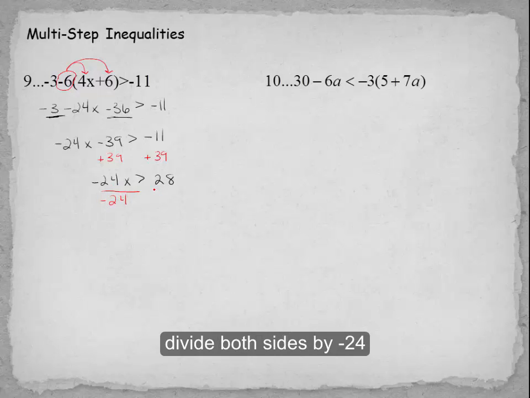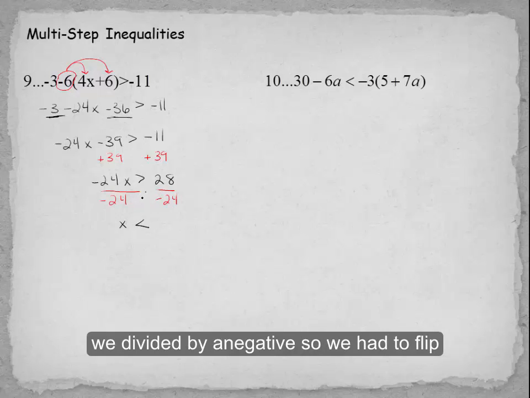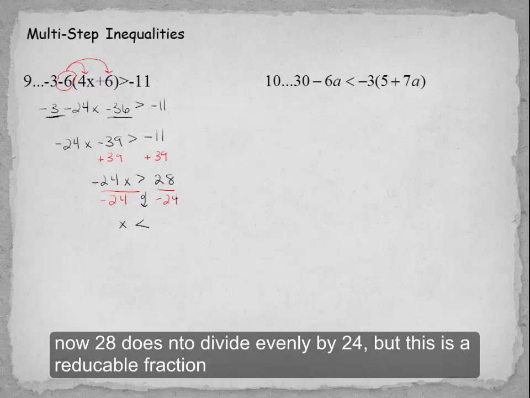Divide both sides by negative 24. And you get that x is less than, we divided by negative, so we had to flip. Now 28 does not divide evenly by 24, but this is a reducible fraction.